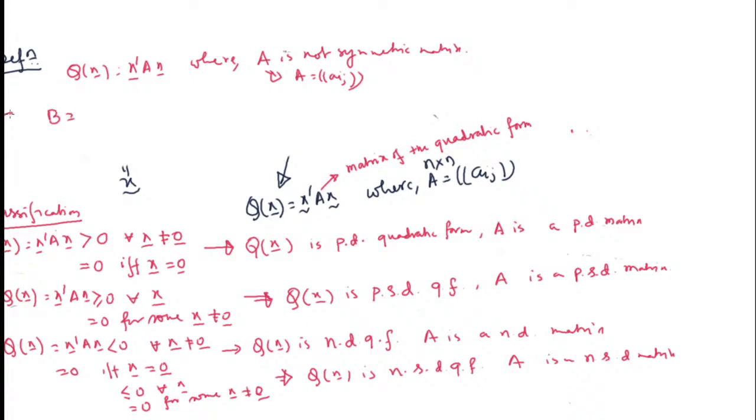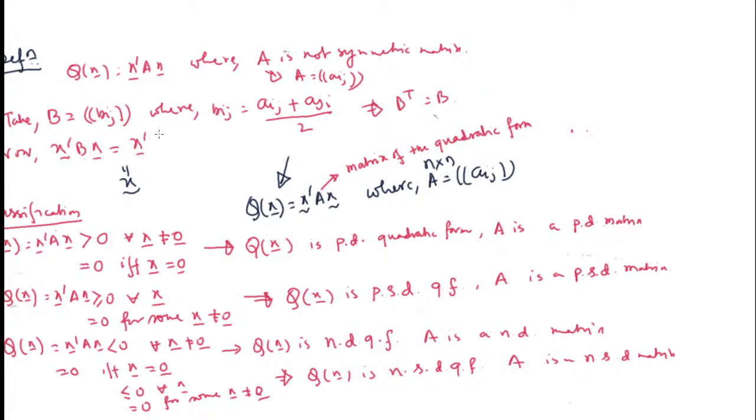Now take B, whose ijth element is bij, constructed as (aij plus aji) by 2, then you easily check that B transpose equal to B. Now x̃'Bx̃ equal to x̃' (A plus A transpose) by 2 x̃.